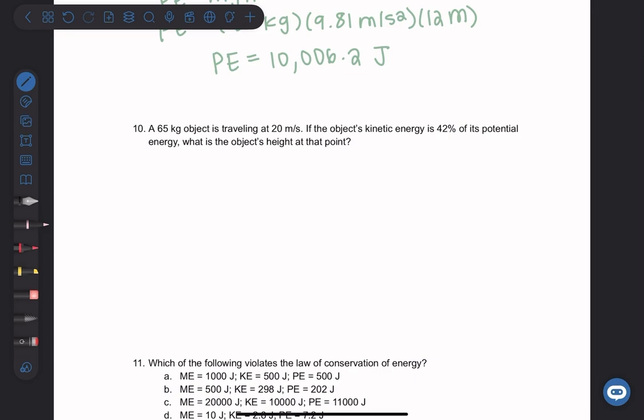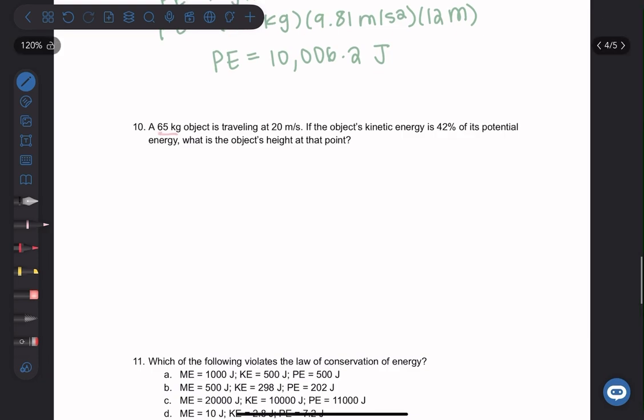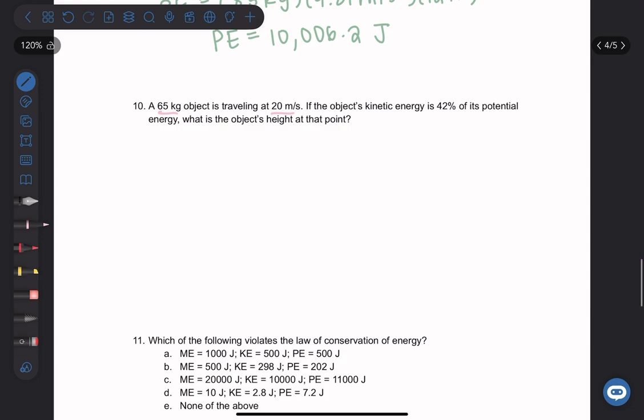So we have a 65 kilogram object traveling at 20 meters per second. If the object's kinetic energy is 42% of its potential energy, what is the object's height at that point? Okay. So it's giving us the mass and the velocity, so we're going to use kinetic energy.